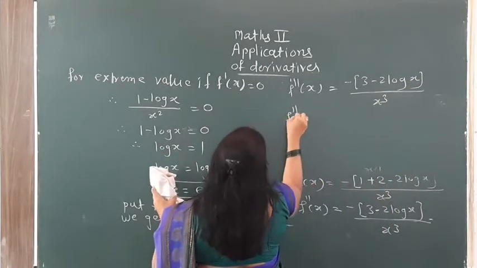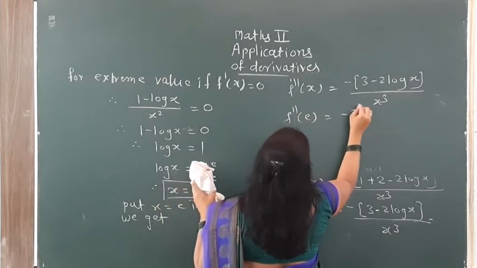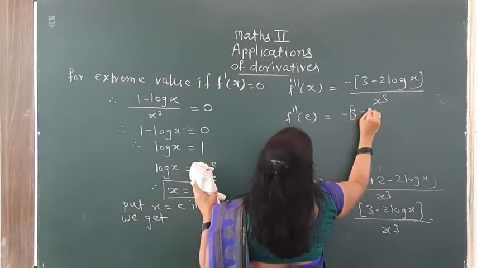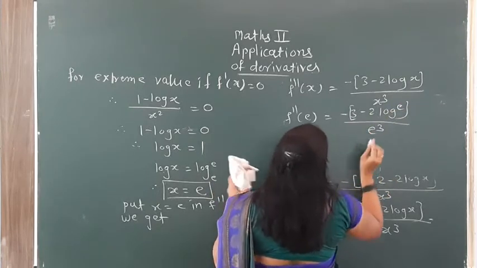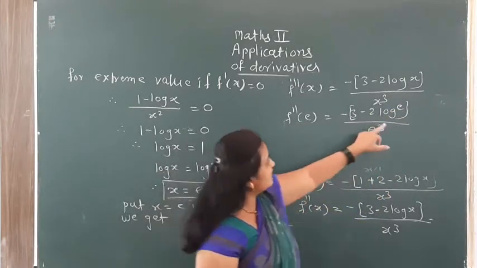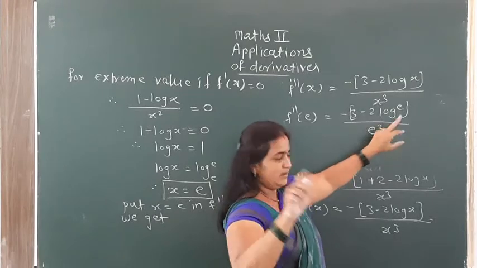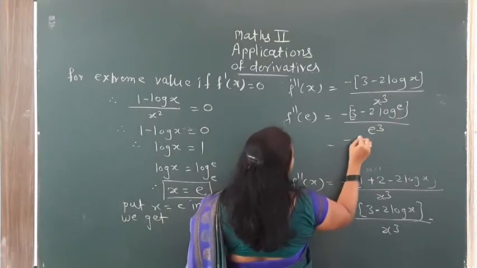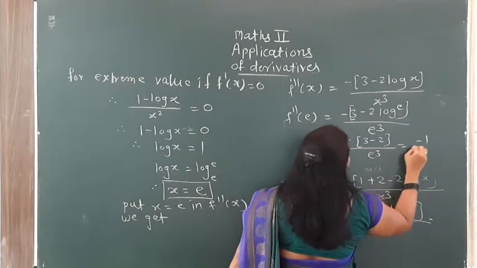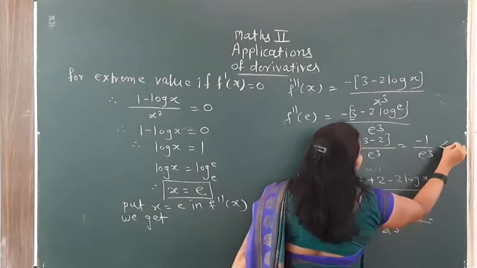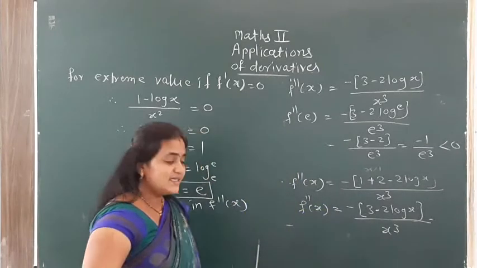So f double dash of e is equal to minus the bracket 3 minus 2 log e divided by e cube. Now we know that log of e to the base e is 1. So we get minus the bracket 3 minus 2 divided by e cube, which is minus 1 upon e cube, which is less than 0.